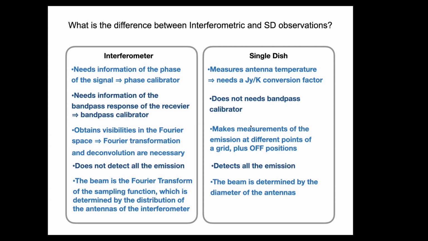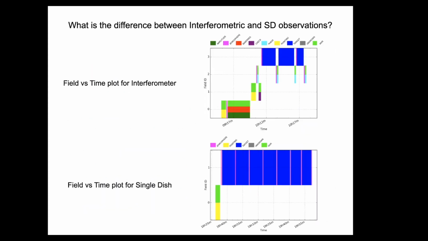So these are some basic differences, and for example, the differences in how one does the observations with the interferometer and the single dish are shown in this plot. For the interferometer, one has to observe all these calibrators, amplitude, bandpass, and then when one observes the science target, the target that one wants to study, you have to interleave observations of a phase calibrator in between.